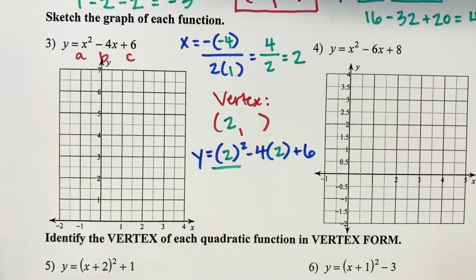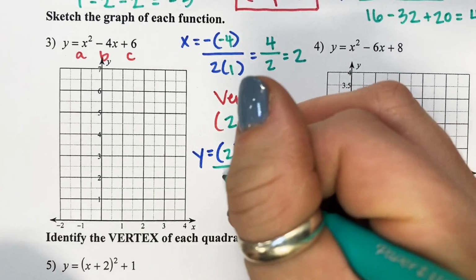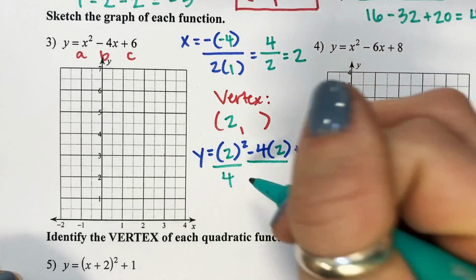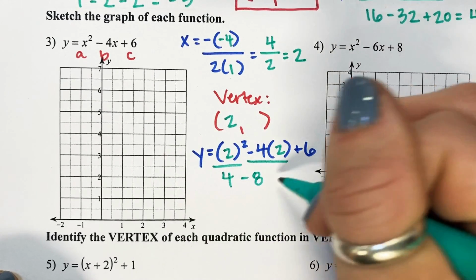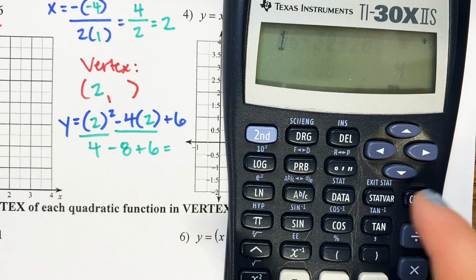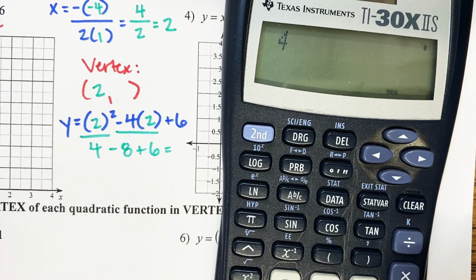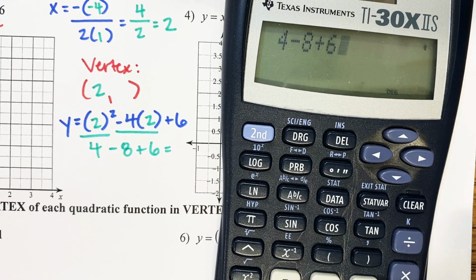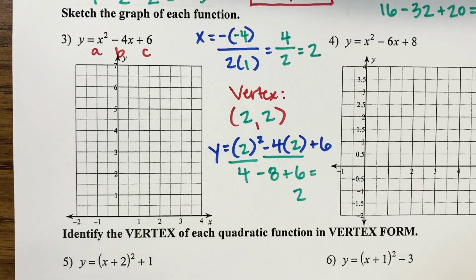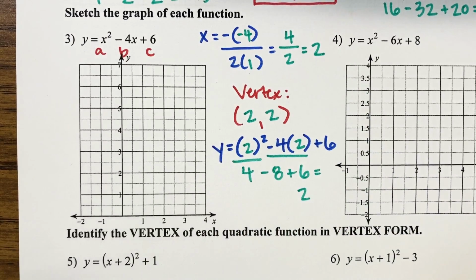What is 2 squared? 2 times 2, 4. Negative 4 times 2, negative 8. And plus 6, we can punch this into our calculator. 4 minus 8 plus 6 equals positive 2 as well. Okay, so our vertex came out to be (2, 2).